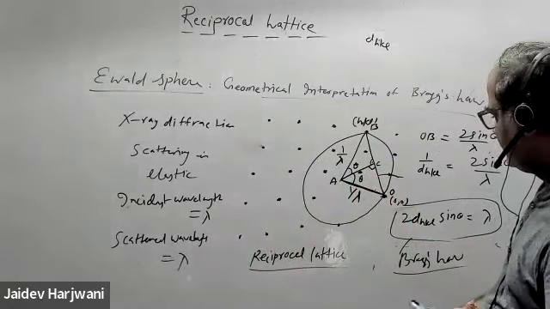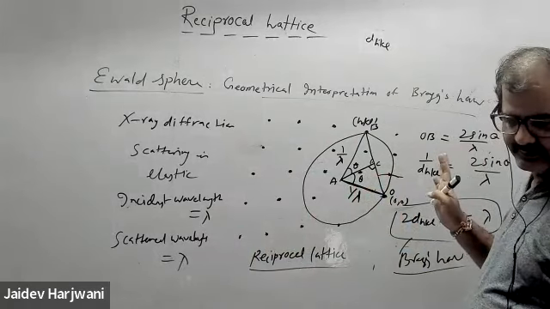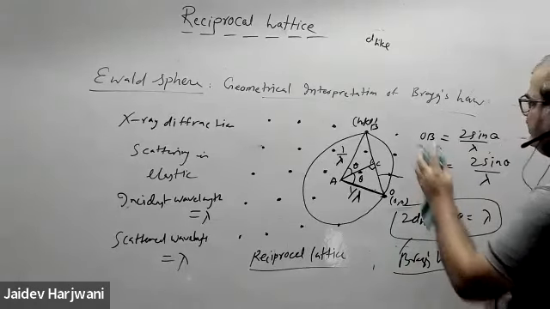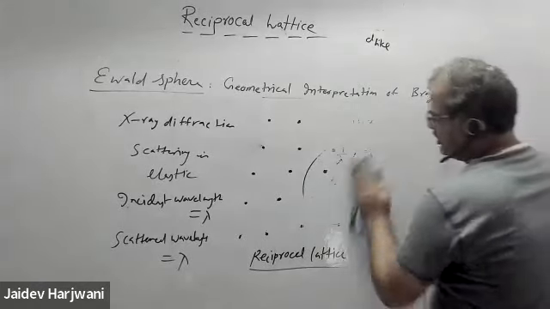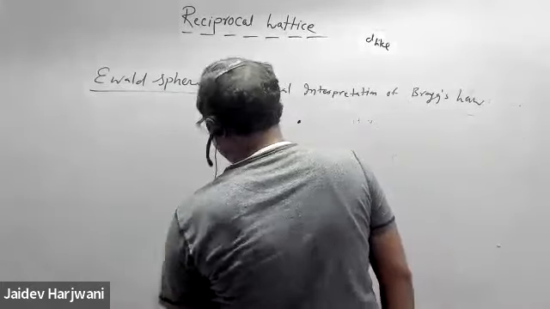Can I erase this one now? Shall I erase this one? So your Ewald sphere is the geometrical representation of your X-ray diffraction condition.